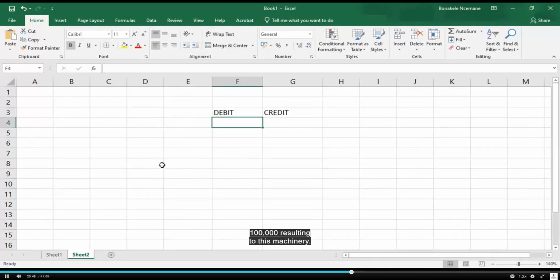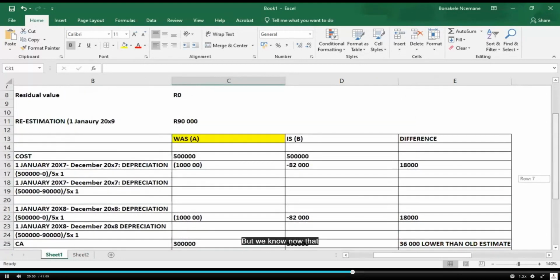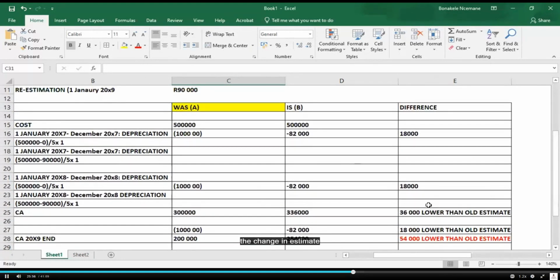But we know now that the change in estimate of the previous 2 years resulted in a difference of 36,000 lower than the old estimate, when you combine 18,000 plus 18,000 of the previous 2 years, and then we've got 18,000 resulting from the effect of the change in estimate in the current year.